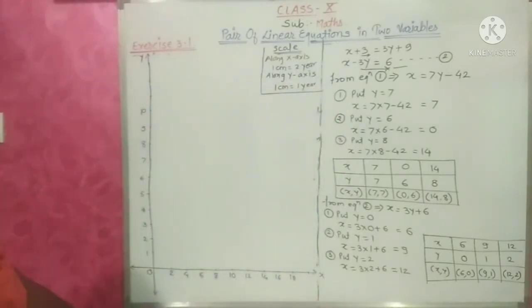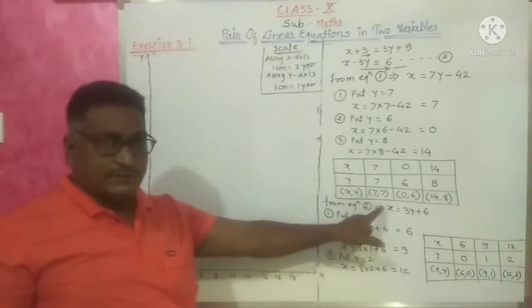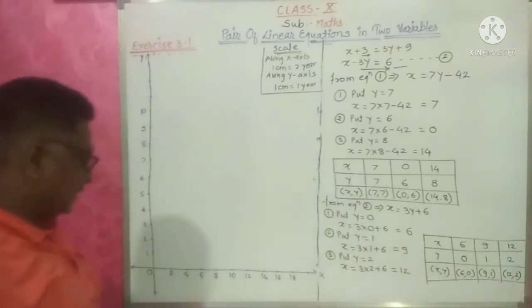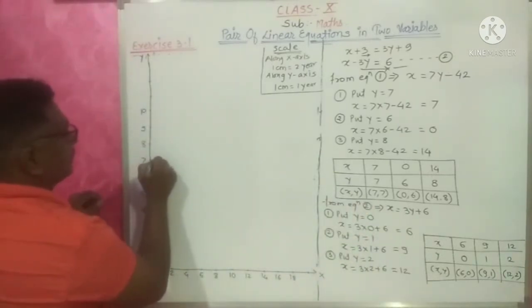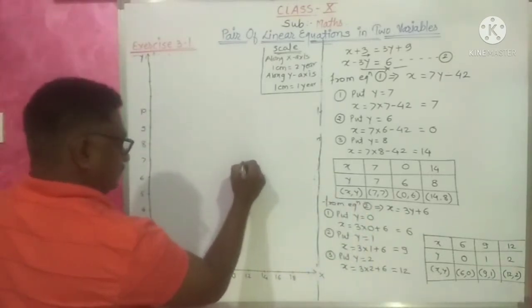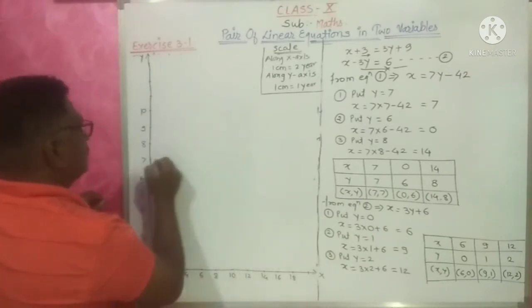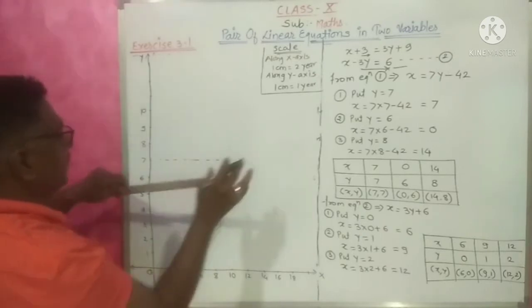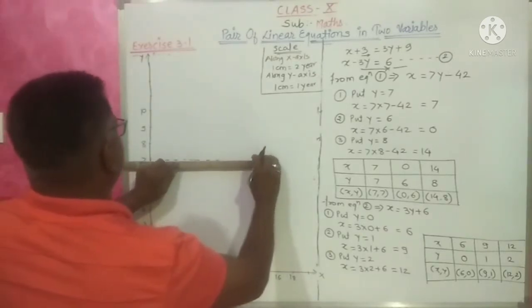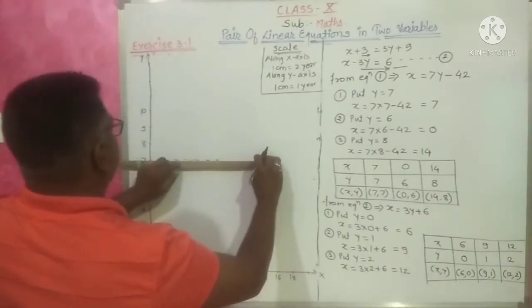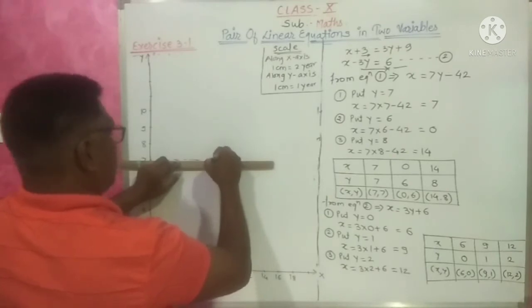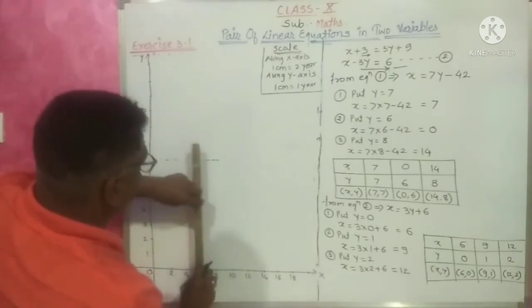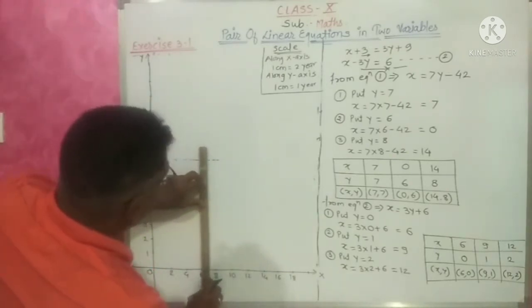Now we have to plot these points. 7, 7. Where here? 7. So I will mark here. And here.